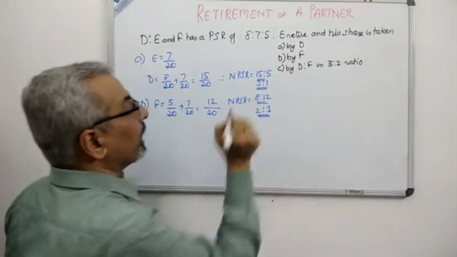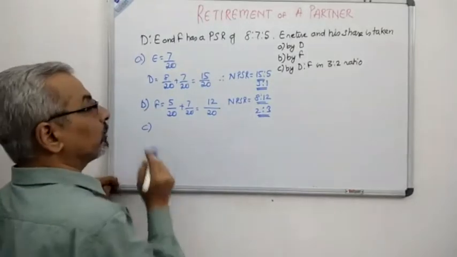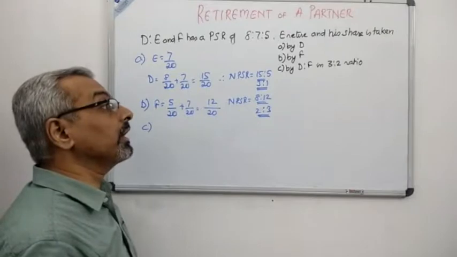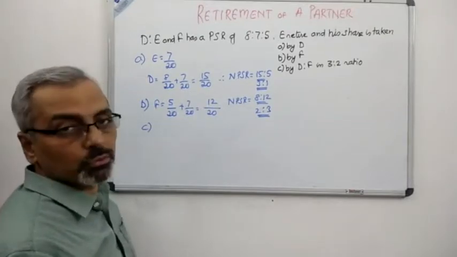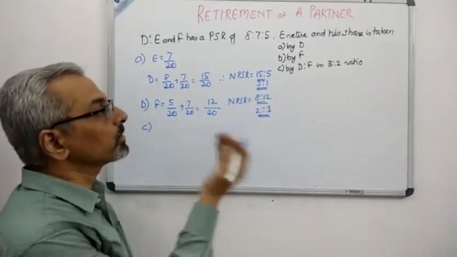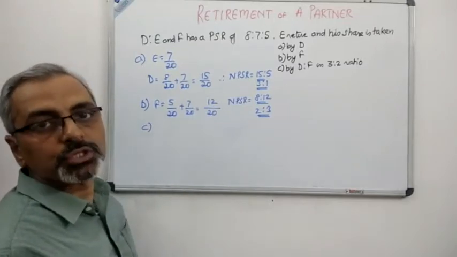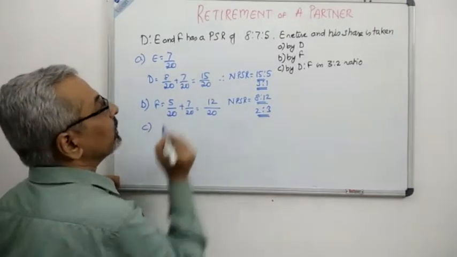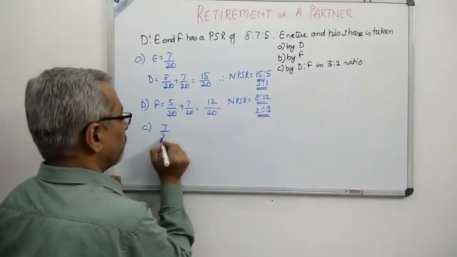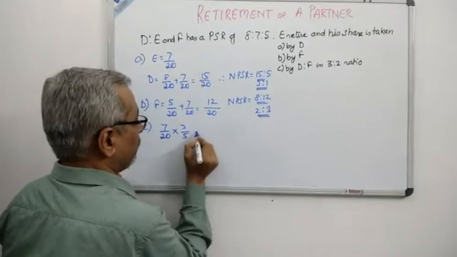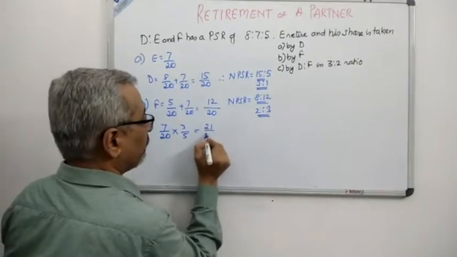Okay, and in the third case, we can see over here, E's share is being taken by D and F in the ratio of 3 to 2. So first we'll see how much D will get, then we'll see how much F will get, and then we'll add those shares. Is it very clear? So what is E's share? E's share is 7 by 20. 7 by 20 into 3 by 5, that is how much? 21 by 100.